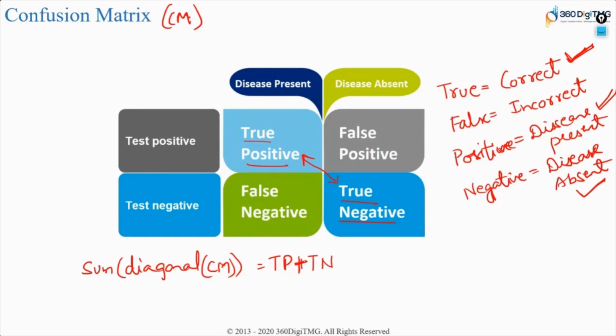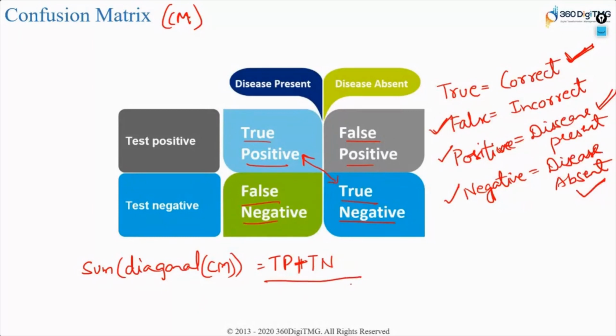False positive means you have incorrectly predicted the disease. False negative means you have incorrectly predicted that the patient doesn't have the disease. So false positive and false negative are incorrect.